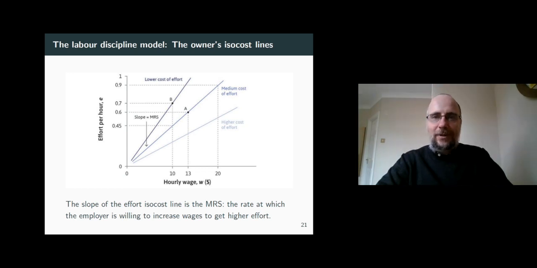We'll discuss equilibrium in the next video. The equilibrium in the labor discipline model will tell us how firms minimize costs per unit of effort, which makes the firms happy, and at the same time how they are paying workers a wage which they perceive fair for the effort they apply. So keep watching to arrive at equilibrium.